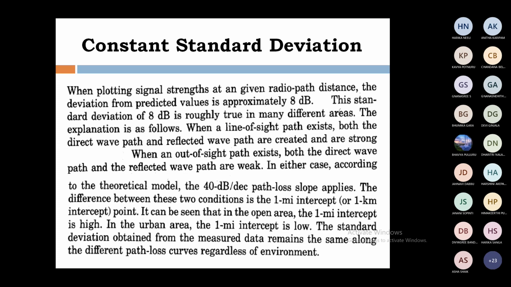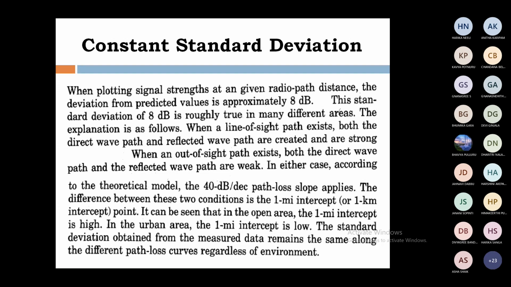Next, the topic is constant standard deviation. Here, what is meant by constant standard deviation? Nothing but for different regions, whether it is an open area, a suburban area, or a rural area, that is a total open area, whether it is a human-made structure or natural terrain, whatever it may be.